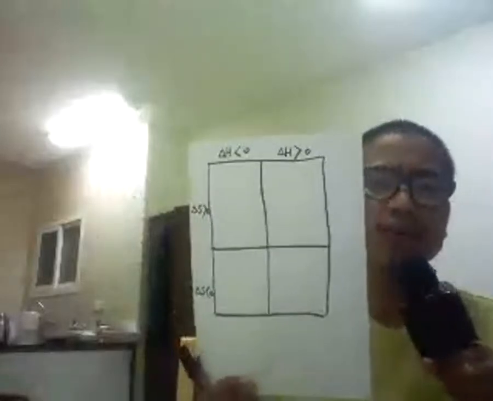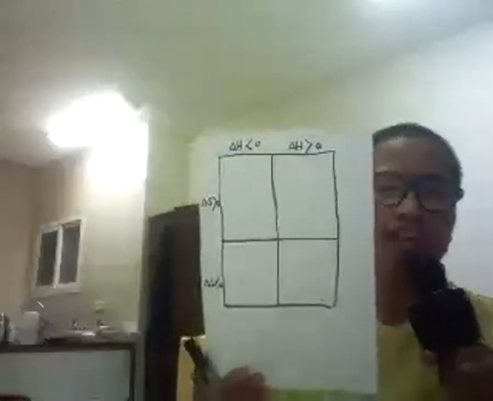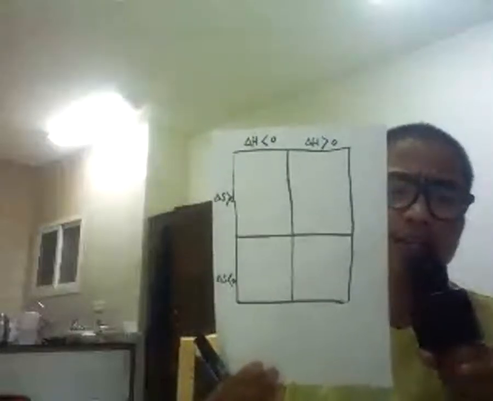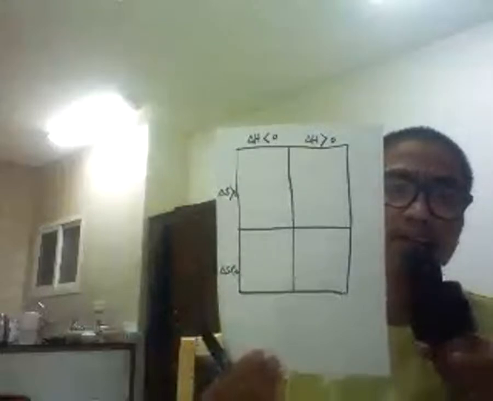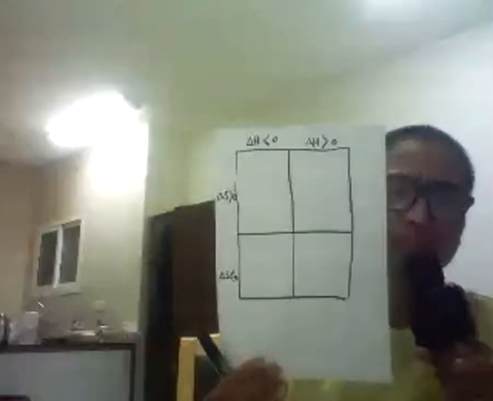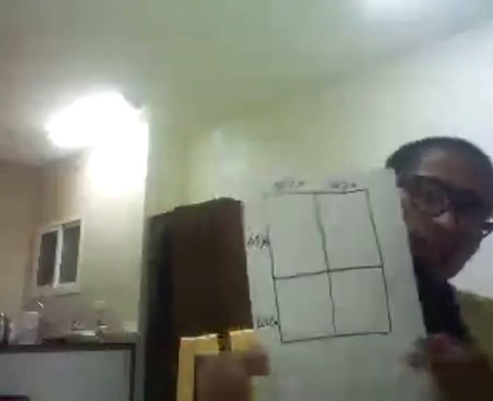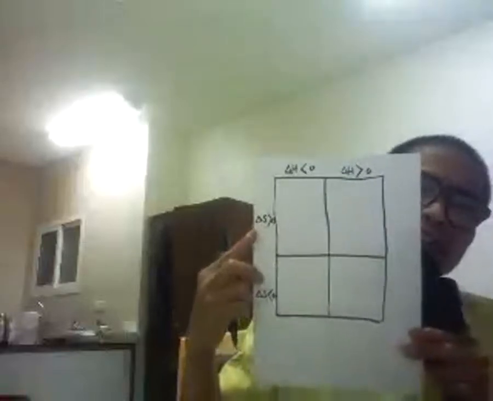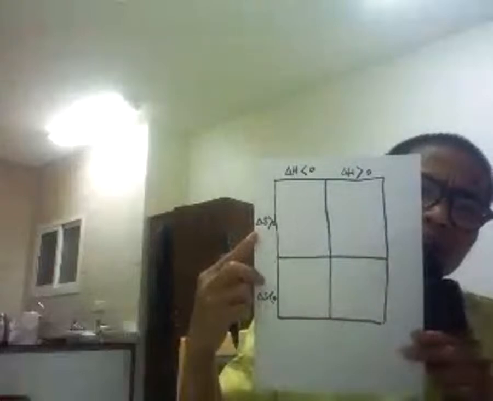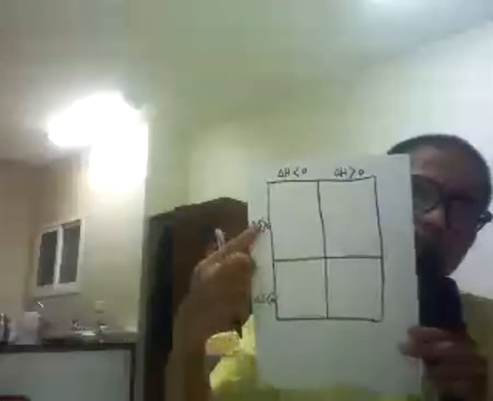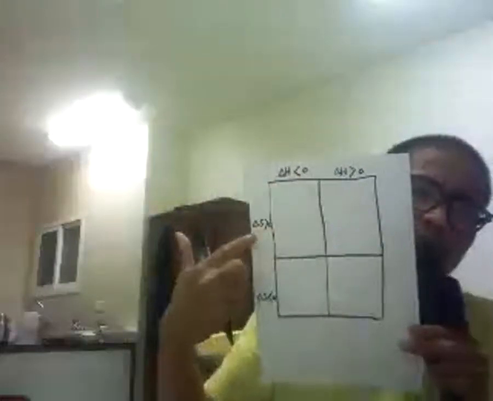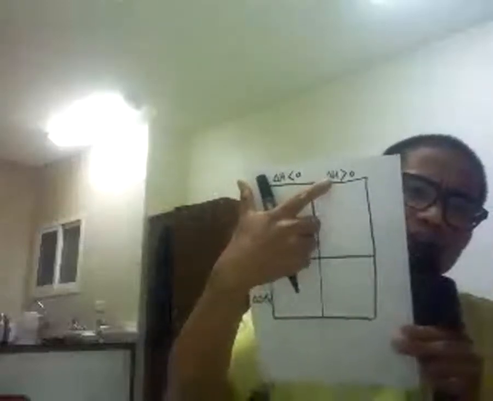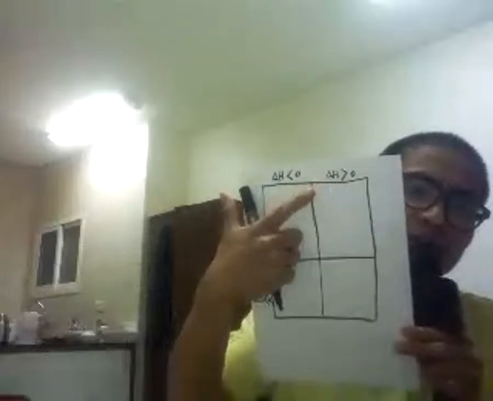Okay, at the top we have change in enthalpy less than zero, meaning negative enthalpy. Then on the vertical here we have the change in entropy greater than zero here, this one and this one. And then we have change in enthalpy greater than zero, meaning positive.